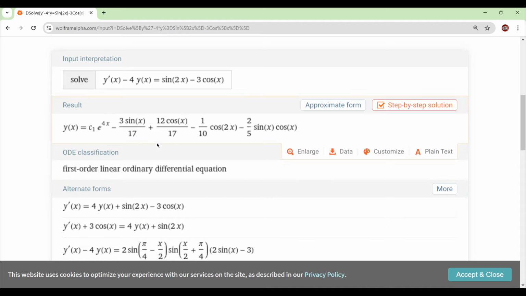So it is understandable. You should have two combinations for sine and cosine with argument x, and two for argument 2x. Of course, I don't know why Wolfram always separates them, but anyway. So cosine 2x. So these are the coefficients. You need to find 3/17, 12/17, minus 1/10, and 1/5, minus 1/5.